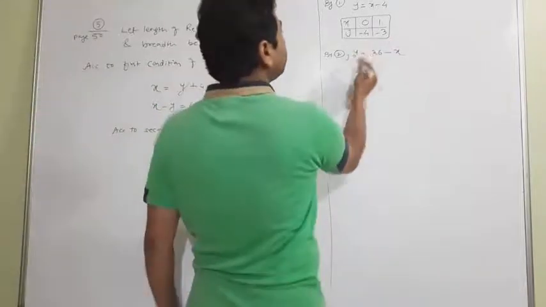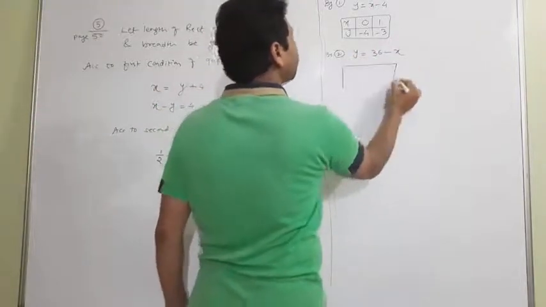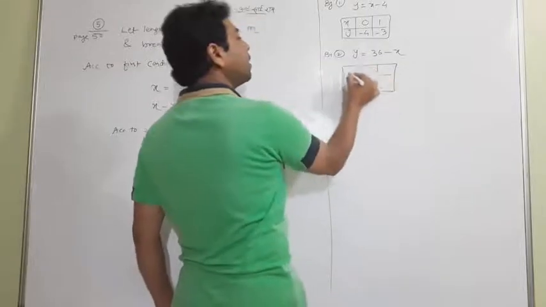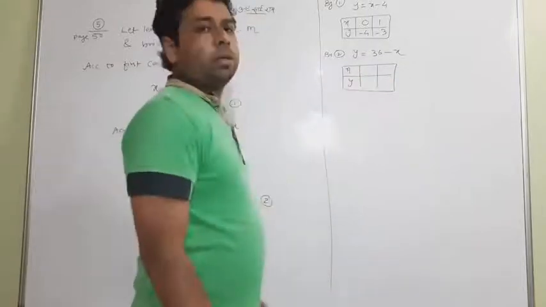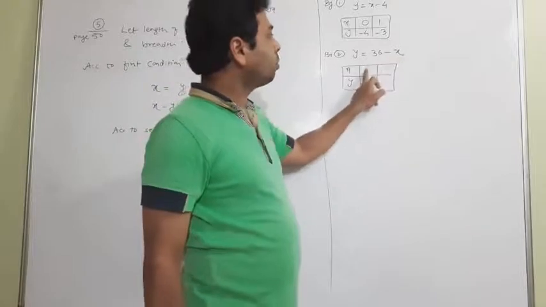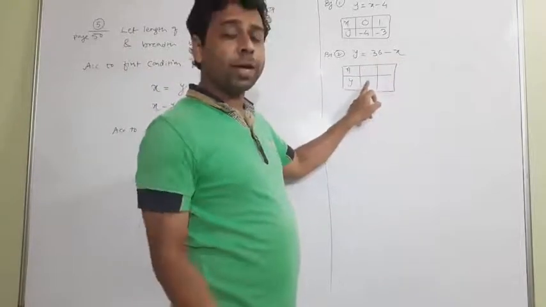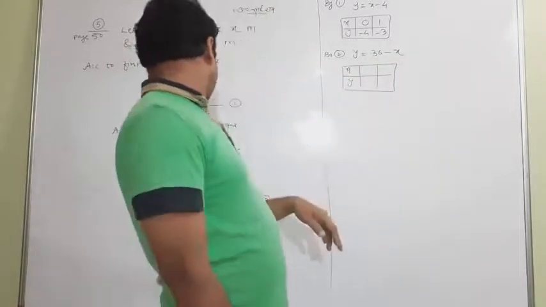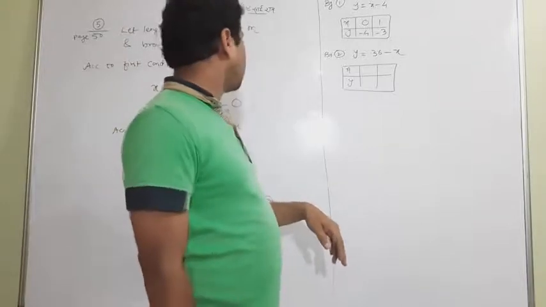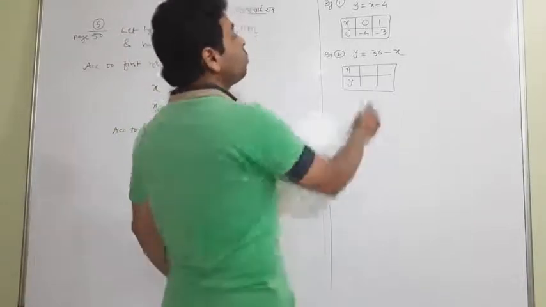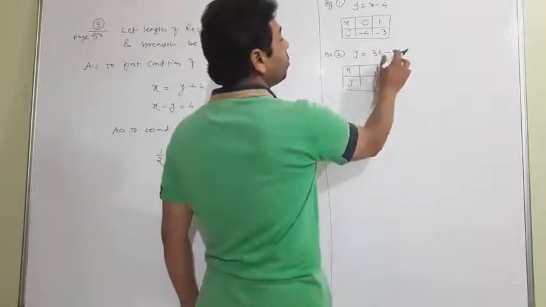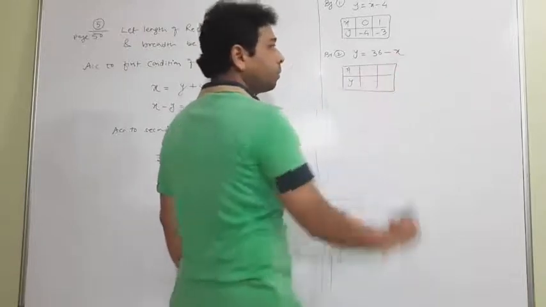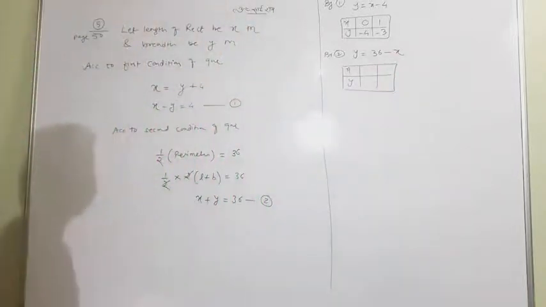Look at it. It is x, it is y. So when you put x is equal to 0, you get a big value. Choose some bigger values, like x is equal to, suppose, 5.